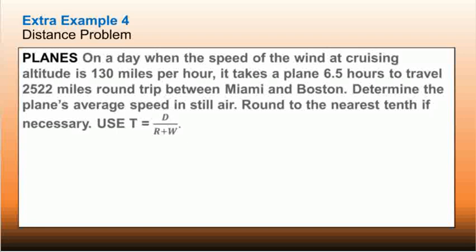So for this one, here we're not finding the wind speed. We are actually finding the speed of the plane. So the distance, we take half of 2522, which will be 1261.